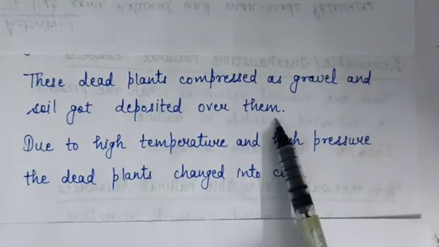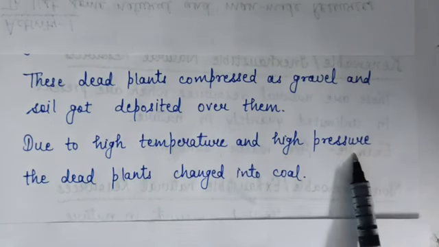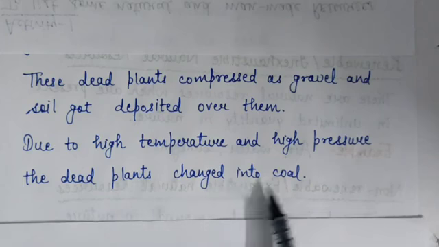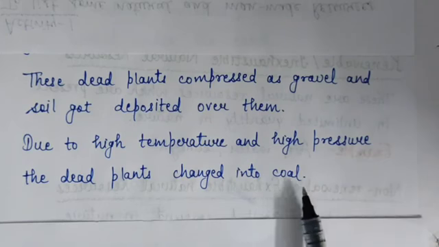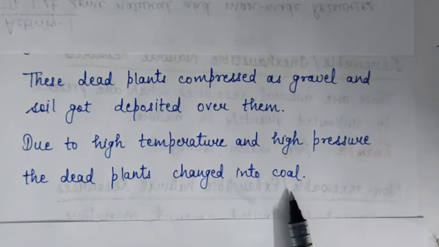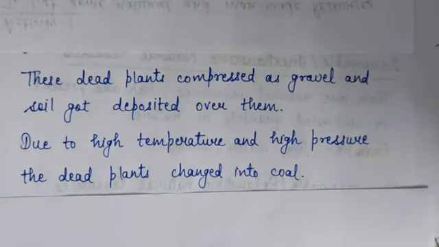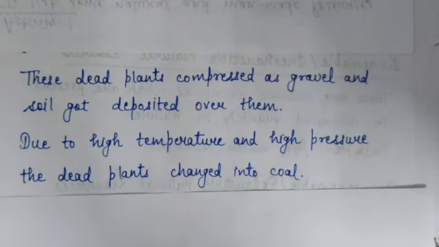And then due to high temperature and high pressure from the top layers, the dead plants changed into coal. So in this way coal is formed, but it takes millions of years. Formation of coal is a slow process.